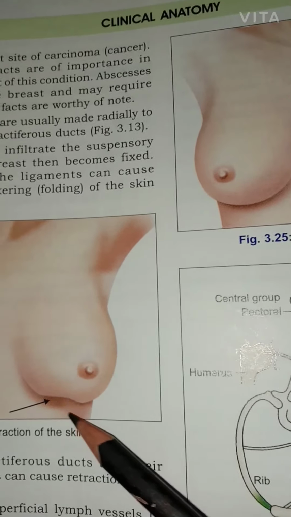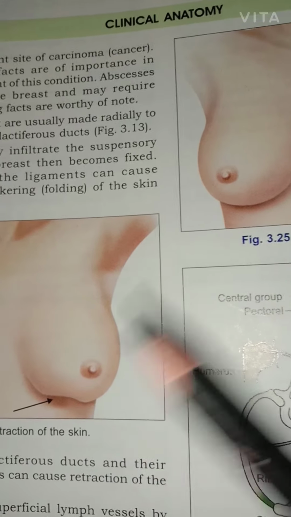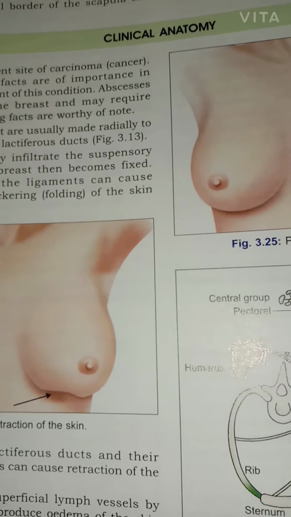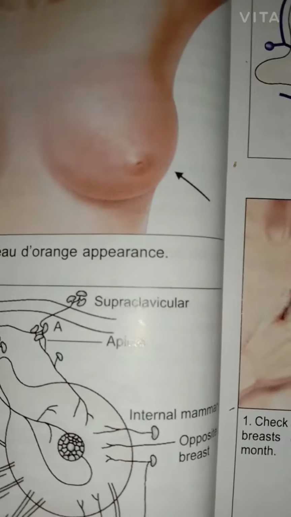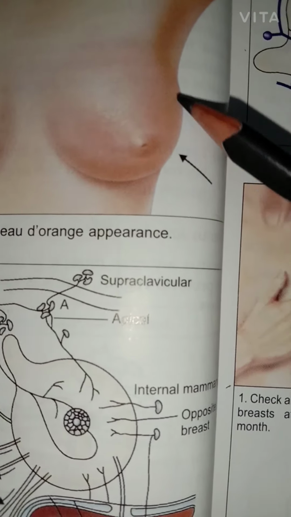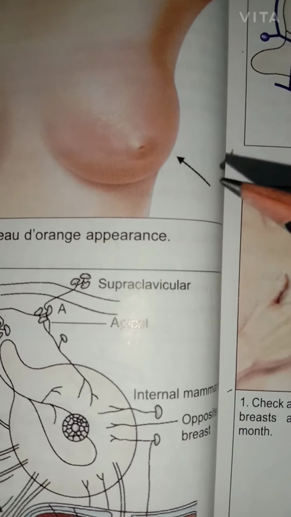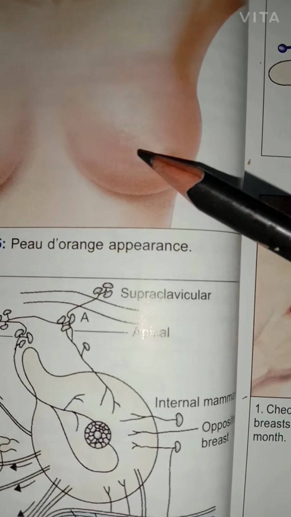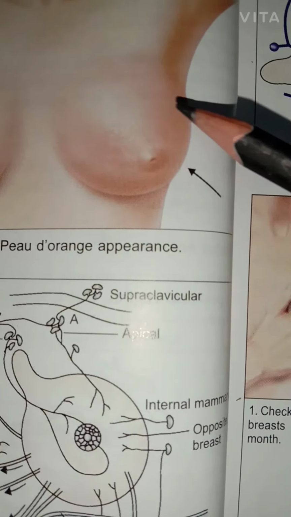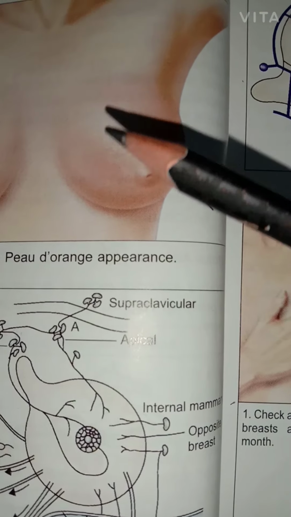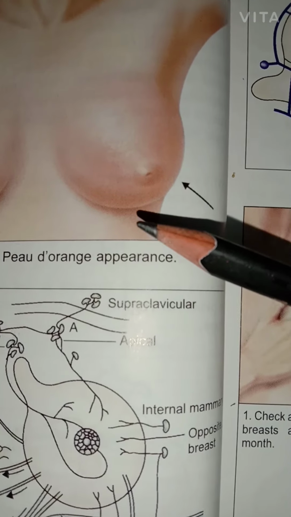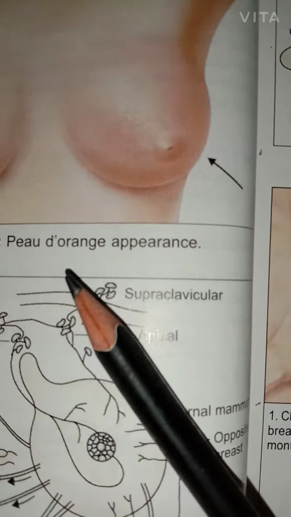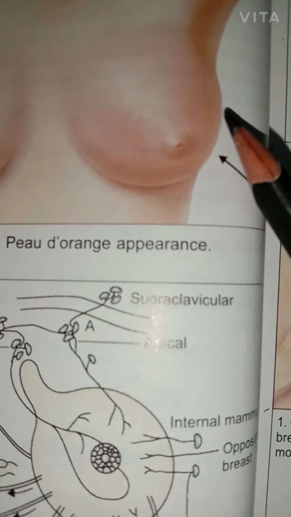Then there is obstruction of the superficial lymph vessels by cancerous cells, which may produce edema on the skin, giving it an appearance like the skin of an orange, called the peau d'orange appearance.